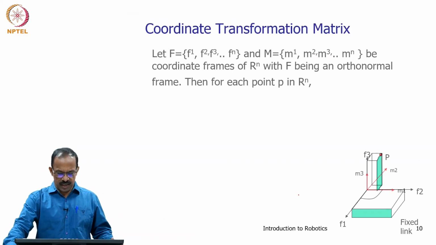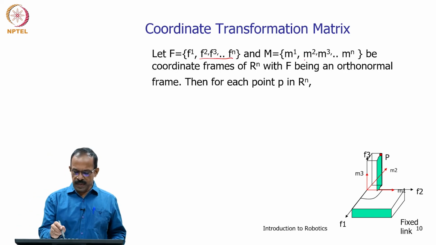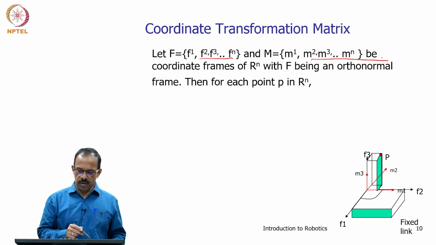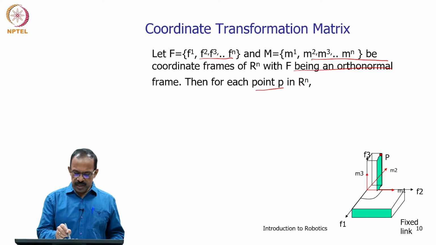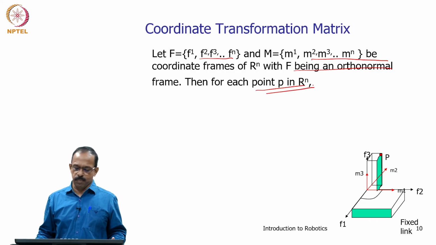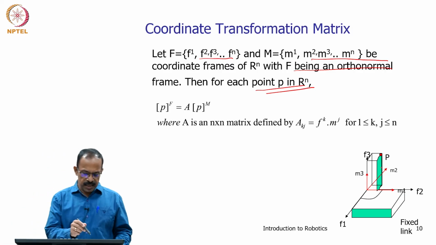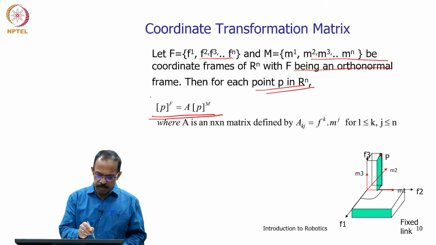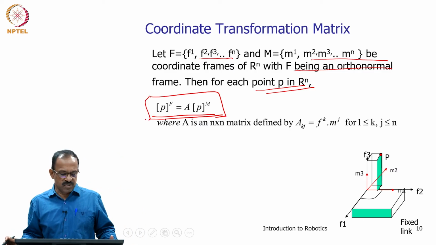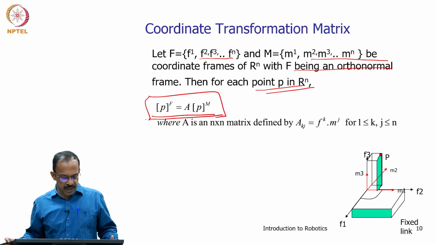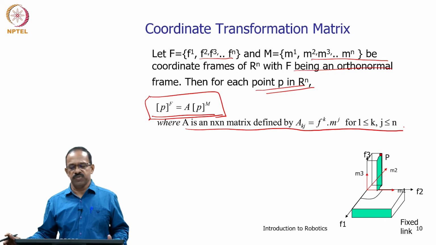Now, if we look at this in detail, F is the frame with F1, F2, F3 and M is the frame with M1, M2, M3, F being an orthonormal frame. Then for each point P in Rn, we can say that Pf is equal to A Pm. So, we can represent Pf as a matrix A multiplied by Pm, and this A is an n by n matrix defined by Fk dot Mj.